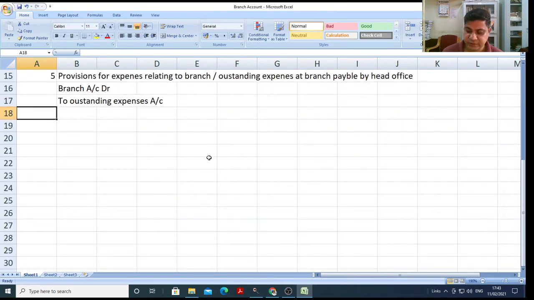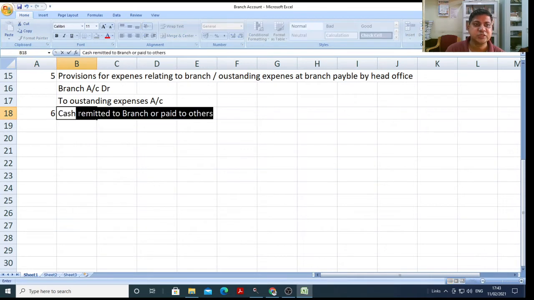Now the next entry, entry number 6: cash remitted not to branch but by branch to head office.